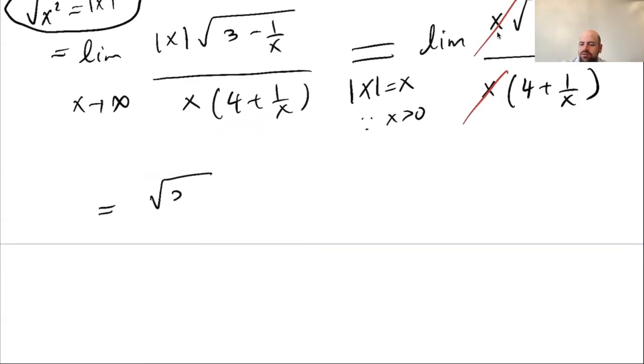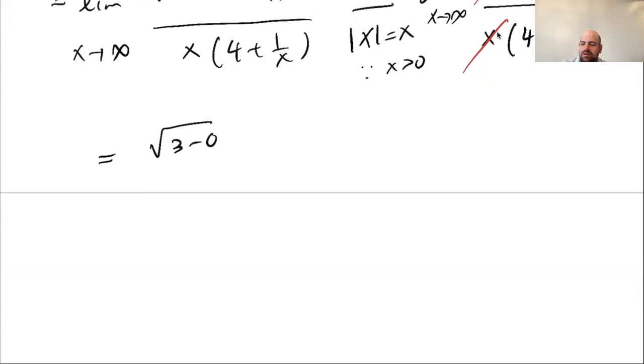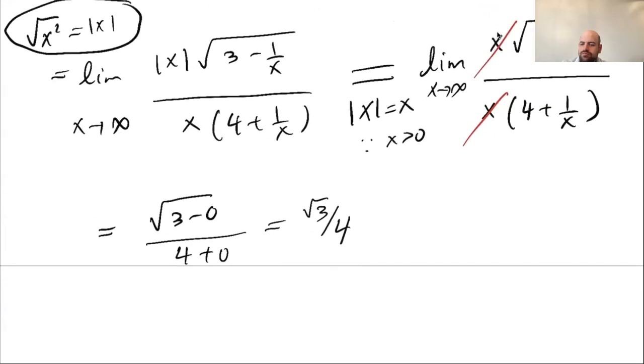Square root of 3 minus 0, right? So as x goes to infinity, 1 over x will be 1 over infinity, which is 0. Remember, any constant over infinity is 0. So root 3 minus 0 divided by 4 plus 0. And the answer is root 3 over 4.